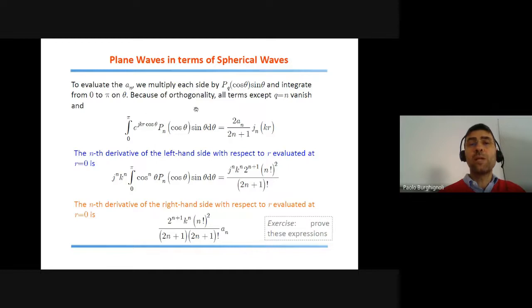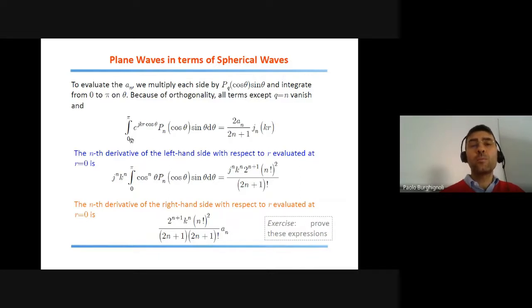In particular, we multiply each side of the previous equation by P sub q of cosine theta times sine theta, and we integrate from 0 to pi with respect to the angle theta. We employ orthogonality to discover that all terms in this way will vanish except the term with index equal to q.